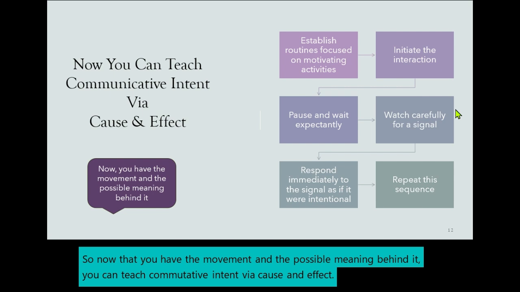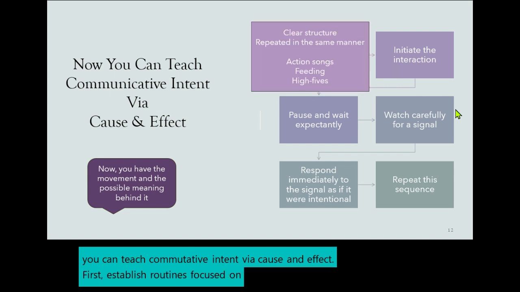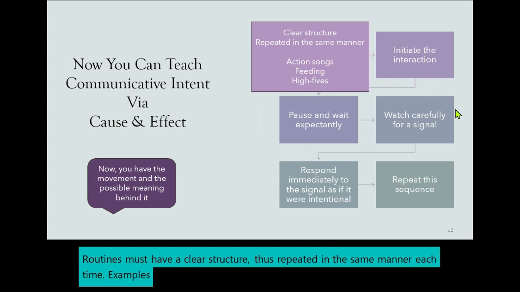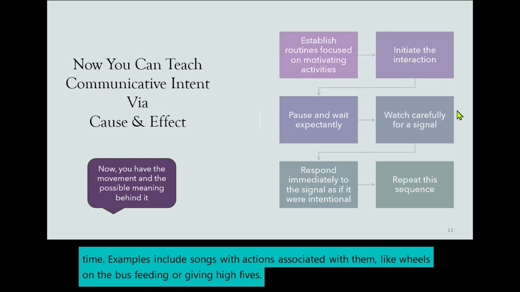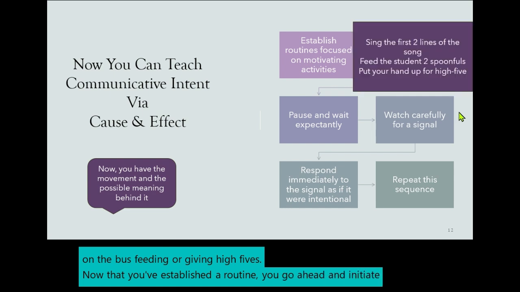First, establish routines focused on motivating activities. Routines must have a clear structure that's repeated in the same manner each time. Examples include songs with actions associated with them, like Wheels on the Bus, feeding, or giving high fives. Now that you've established a routine, you go ahead and initiate the interaction.